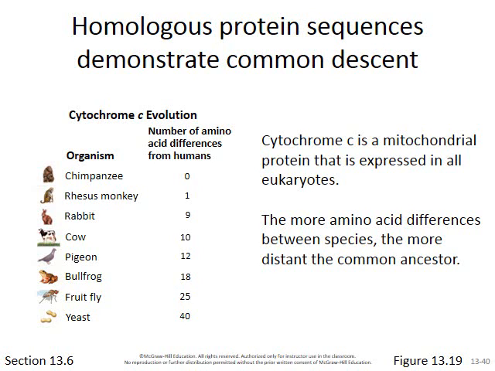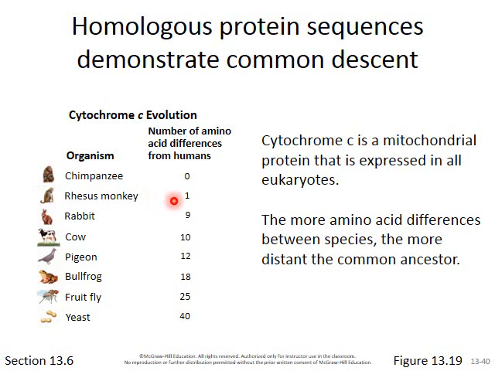So when looking at the cytochrome C that is found in the mitochondria of eukaryotes, all eukaryotes have this protein. When we look at the similarities and differences in this protein, we can see how far apart these organisms are related. So the more amino acid differences between the species, the more distant their common ancestor was. So when comparing the human to the chimpanzee, there are 0 differences, no amino acid differences in the sequence.